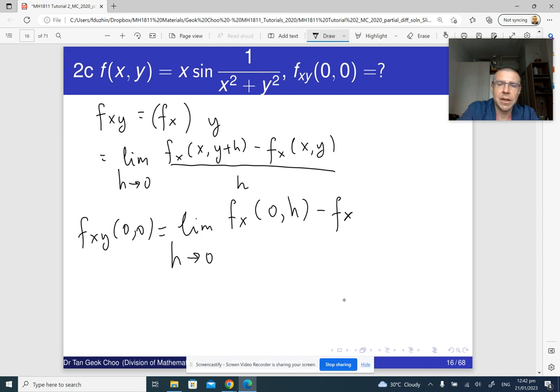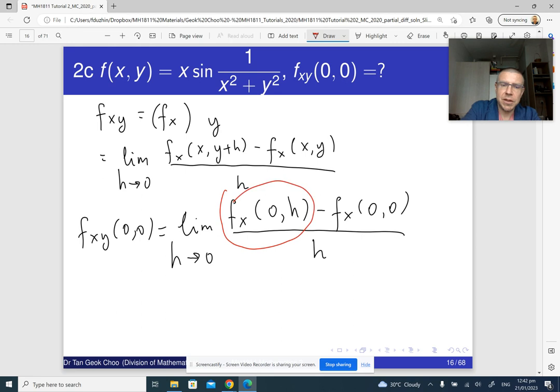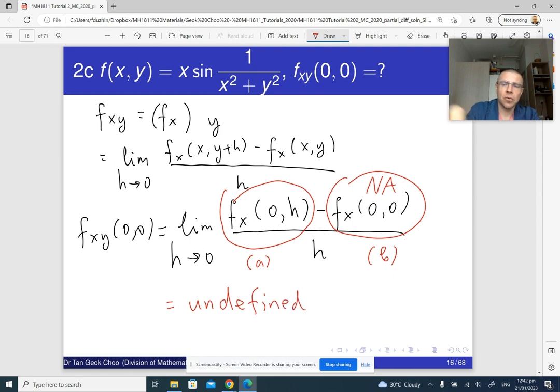Minus f_x evaluated at (0, 0), divided by h. Now the first expression is calculated in part A, and this expression here is calculated in part B. But in part B, we found that this is actually undefined. And of course, if we want to compute the value of some expression that involves something that is undefined, then we still get something that is undefined. So the answer is still undefined, or does not exist.